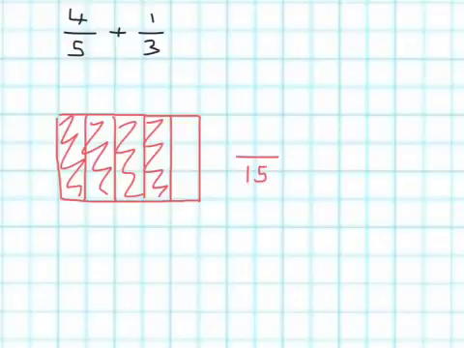So we've now shaded in 4/5 of our first rectangle. And if we count up the small squares, we should be able to see that 1, 2, 3, 4, 5, 6, 7, 8, 9, 10, 11, 12 of those smaller squares have been shaded in, so 4/5 is the same as 12/15.